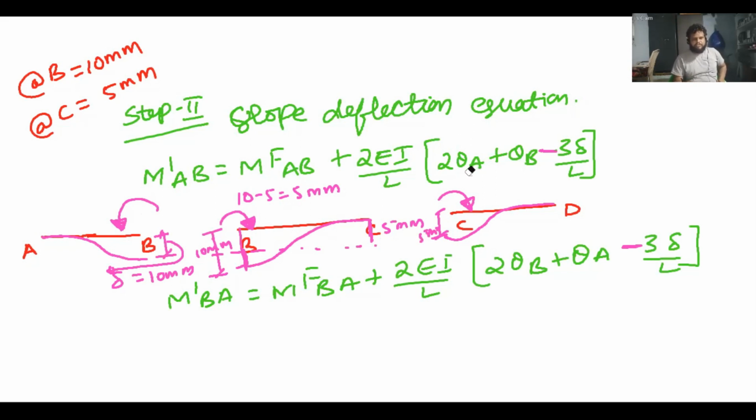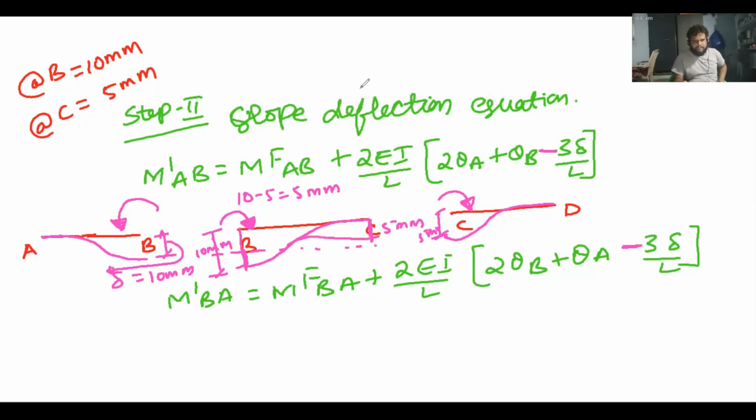Again the same procedure we have seen from problem number 1. Let me repeat this. In the AB span only B is sinking, that is 10 mm, and for that 10 mm the required moment is in anti-clockwise direction. Similarly in BC span, at C also there is a sinking.